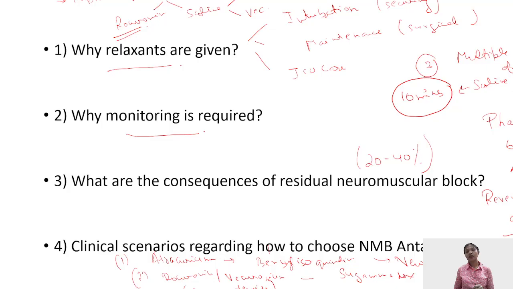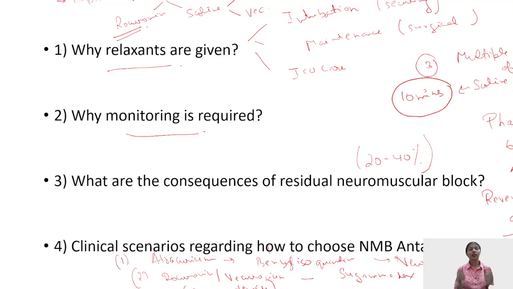In phase 1 block, no reversal agent is ever given, because if reversal agent is given, it actually accentuates or potentiates the action of the neuromuscular blockers. So in phase 2, reversal agent is always given, whereas in phase 1 block, it is not given.